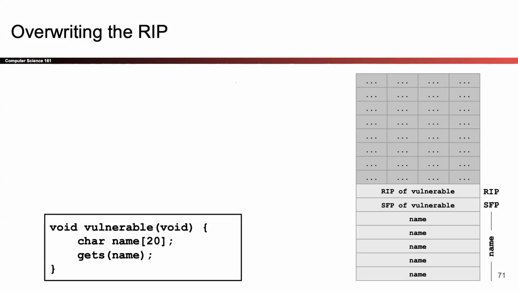And what would happen after gets finished and this function returned? Well, it's not like the CPU says, I don't know what to do, I'm stuck, I'm in trouble. Instead, the CPU just does whatever it's told to do.